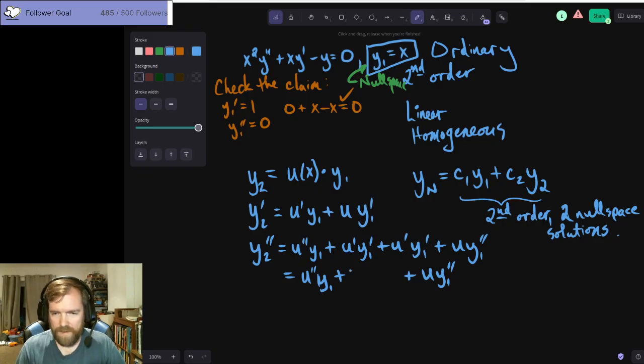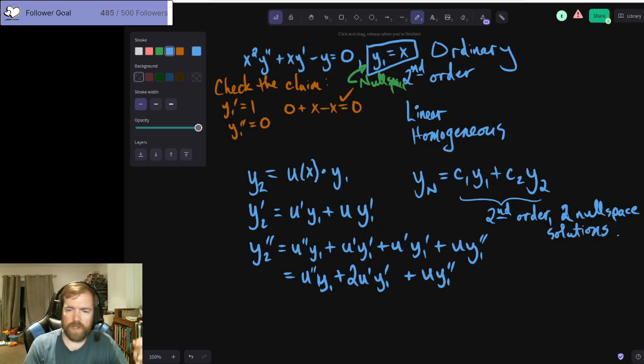All right, so combine the two middle terms, we get that u double prime y1 plus 2u prime y1 prime plus u y1 double prime. Now we've done this in general, but it's even better for this given null space solution, because we already have nice values for both y1 prime and y1 double prime. This is going to clean this up quite a bit.